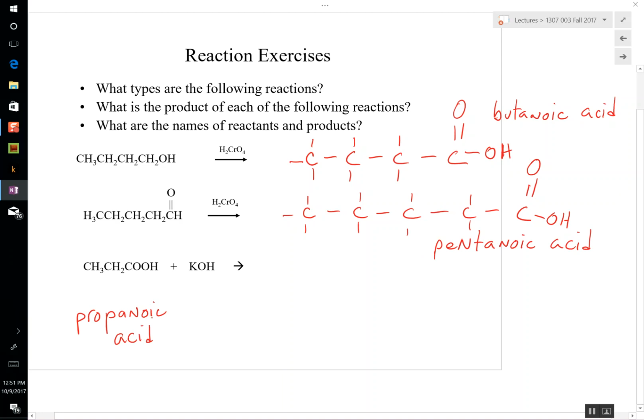We're reacting with KOH. All right, the H on the COOH is going to combine with the hydroxyl to make water. And the potassium ion is going to end up right here.